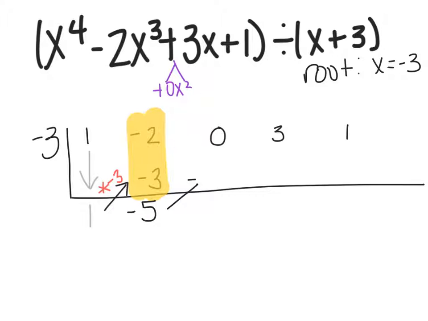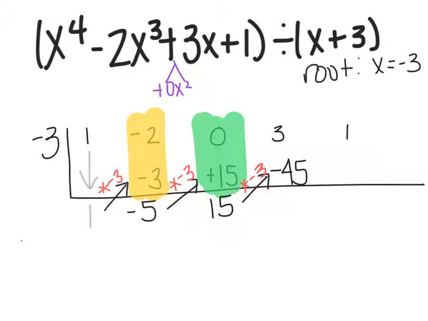And then I'm going to multiply negative 5 here by negative 3. And negative 5 times negative 3 is going to be positive 15. And now I'm going to combine my 0 and my 15 together. And 0 plus 15 is going to give me 15. And then I'm going to multiply 15 times negative 3. And 15 times negative 3 is negative 45.